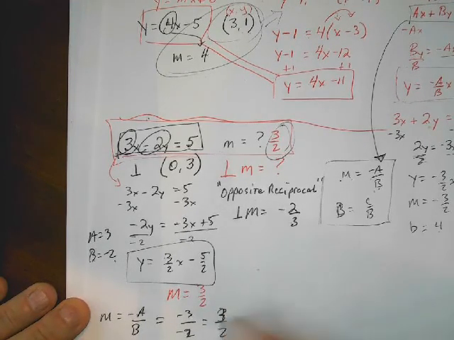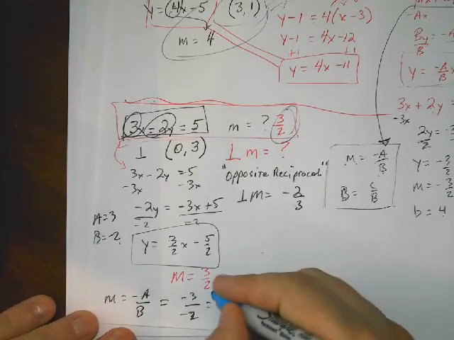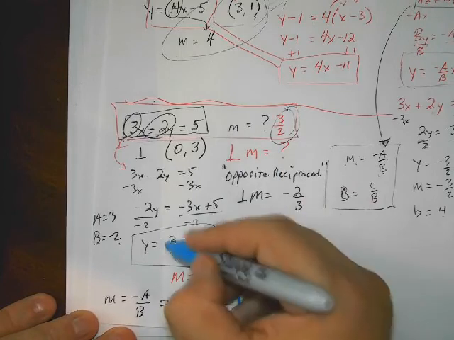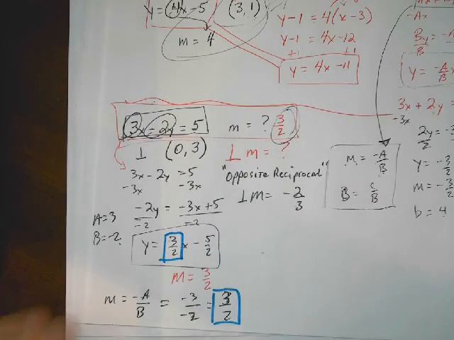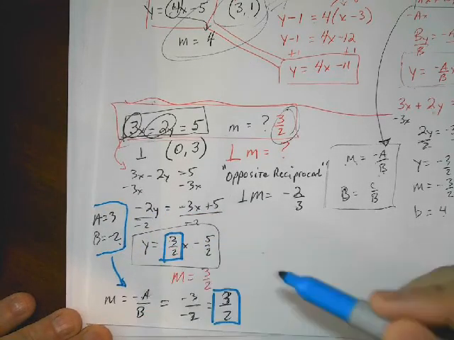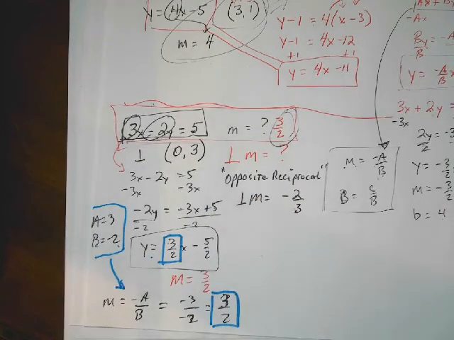Look at that. Let me get a marker to make it a bigger deal. So the slope is 3 halves, and the slope we found here was 3 halves. So we could use the shortcut, or we could solve for y. Whatever you want to do. I personally like the shortcut.